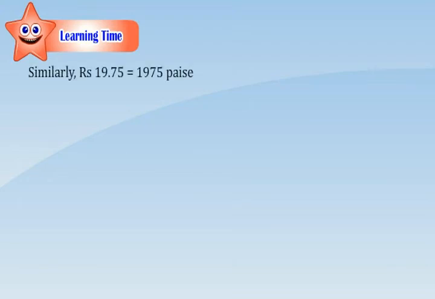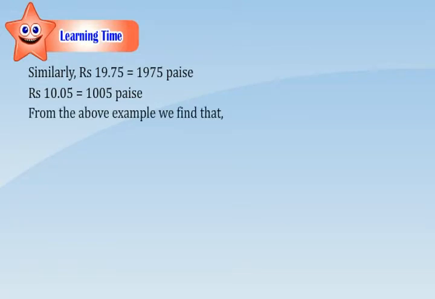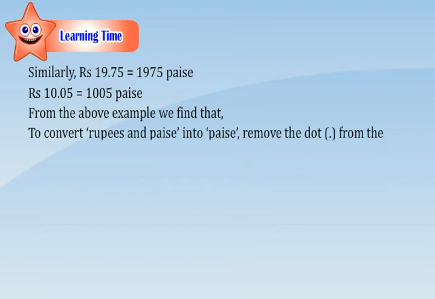Similarly, ₹19.75 is equal to 1975 paise. ₹10.05 is equal to 1005 paise. From the above example, we find that to convert rupees and paise into paise, remove the dot from the amount.